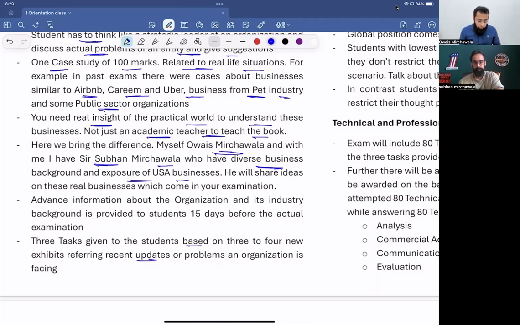Advanced information about the organization and its business background is provided 15 days before the actual exam. We already discussed it. In the examination, 3 tasks will be given to the students based on 3 to 4 new exhibits about the recent updates or problems the organization is facing.